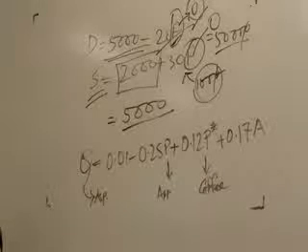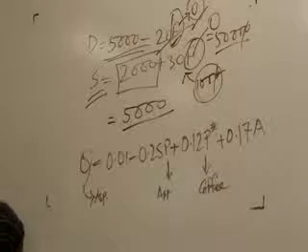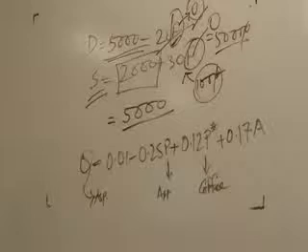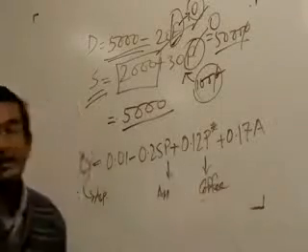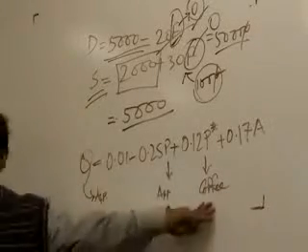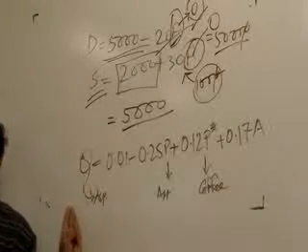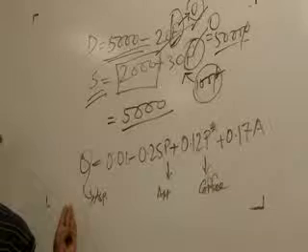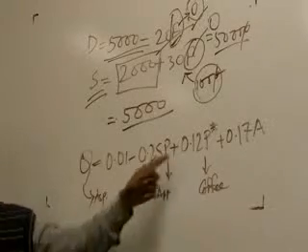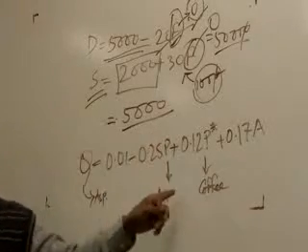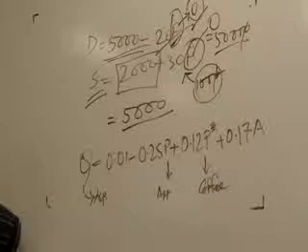Oh wait, can you say that again? If there is an increase in the price of coffee, what will be the effect on the quantity demanded of aspirin? Increase, because the price has a positive sign.